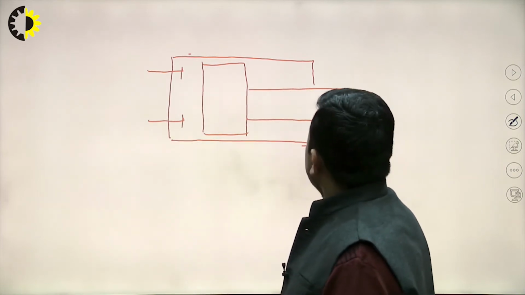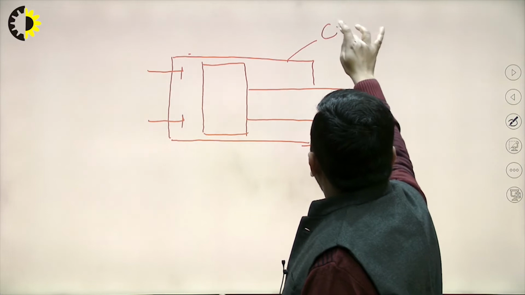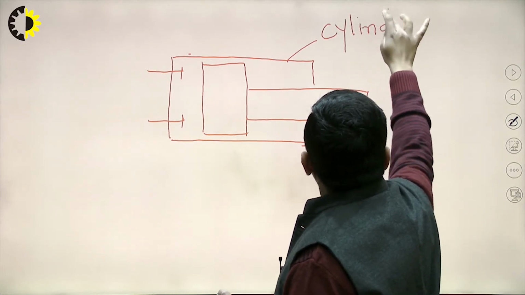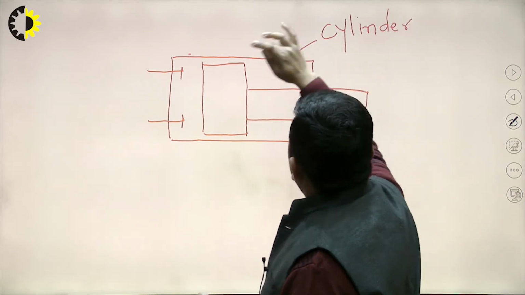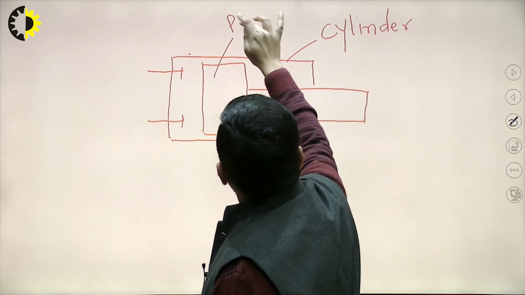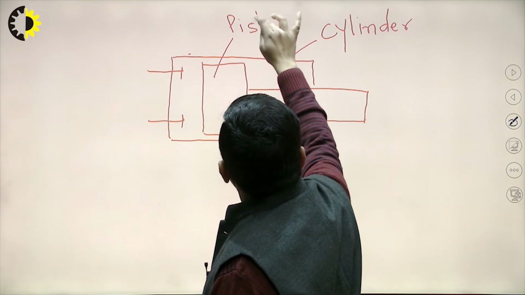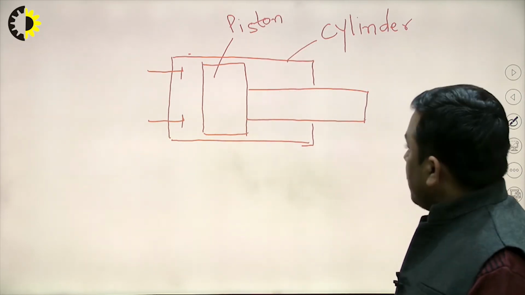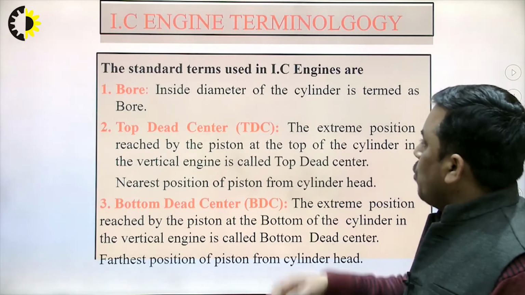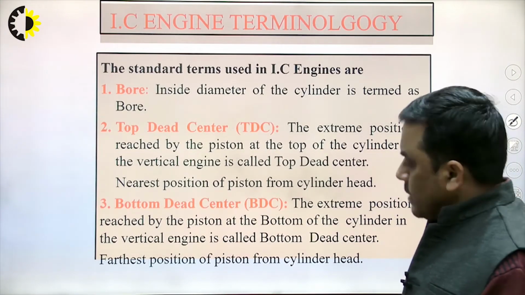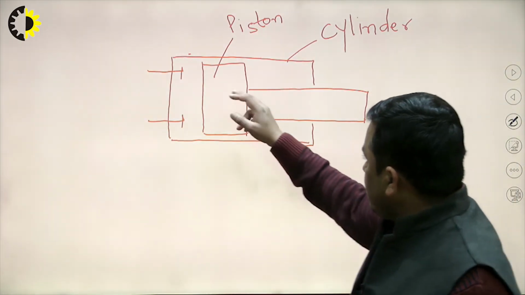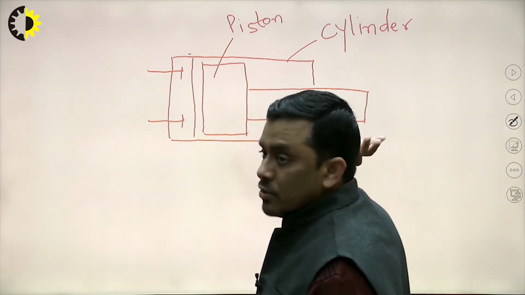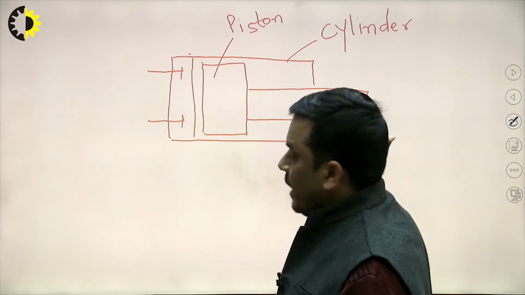So this is the cylinder, and this is the piston. Very rough sketches, but for understanding it is necessary. The first term is bore, the inside diameter of the cylinder. If I consider this as a cylinder, then the inside diameter is this much. So this is the bore.